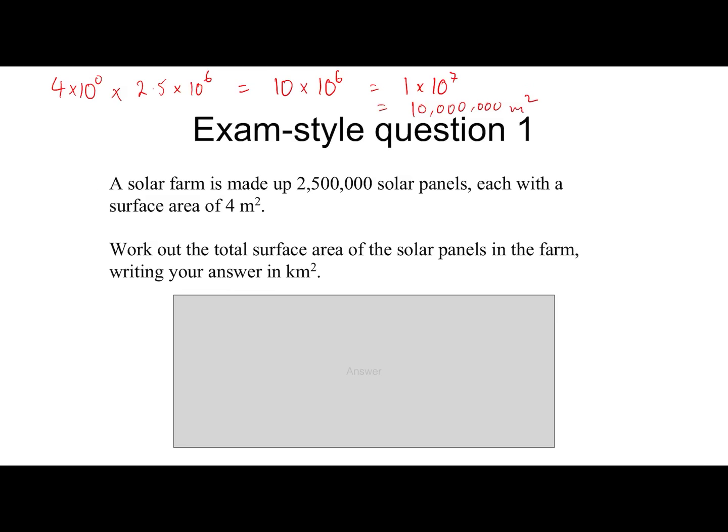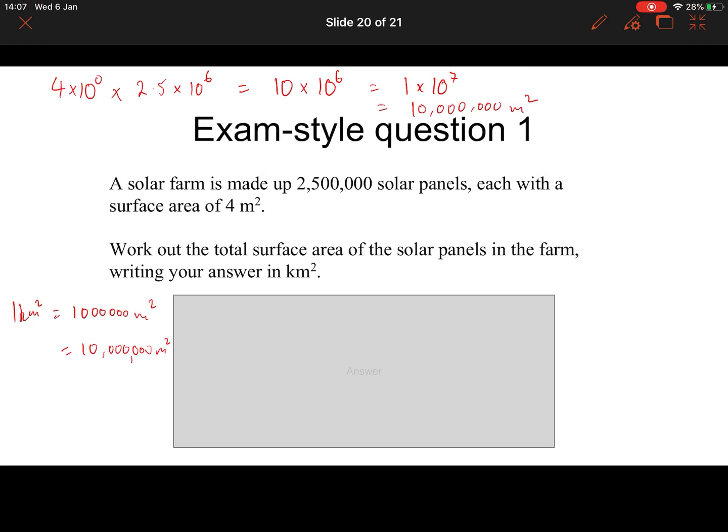Now what we want to do is write my answer in kilometers squared. So I need some space. 1 kilometre squared is equal to 1 million meters squared, and we've got 10 million meters squared.